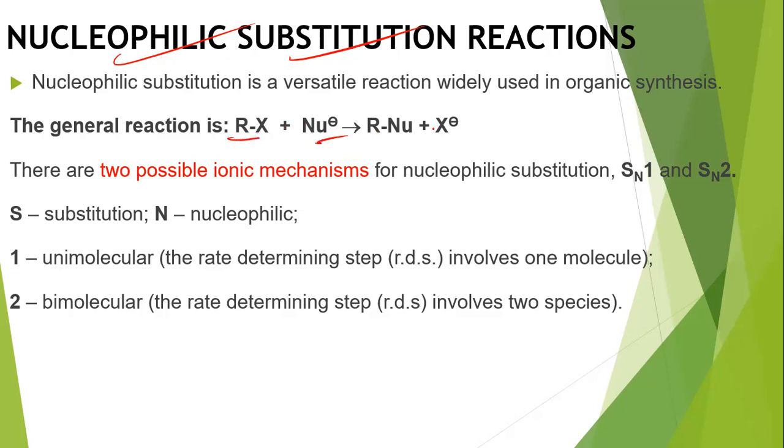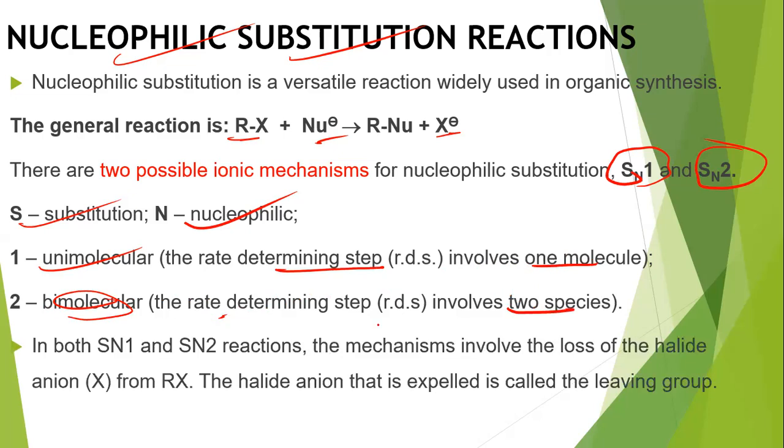The nucleophile will replace and displace the X. Now there are two possible ionic mechanisms for nucleophilic substitution: the SN1 mechanism and the SN2 mechanism. The S is for substitution, the N is for nucleophilic. The one is for unimolecular, because the rate determining step involves only one molecule. We realize that as we go along. The two is for bimolecular, because the rate determining step, which is the slowest step, involves two molecules, right?